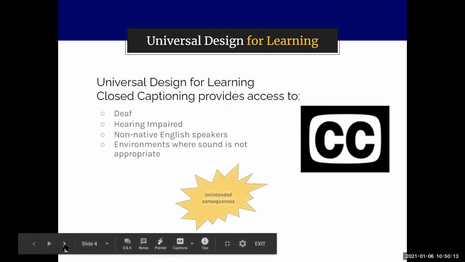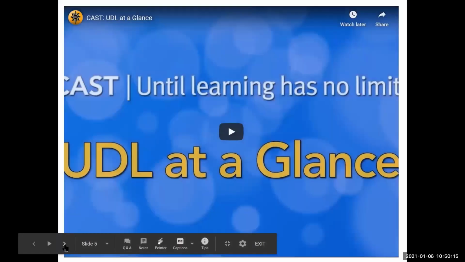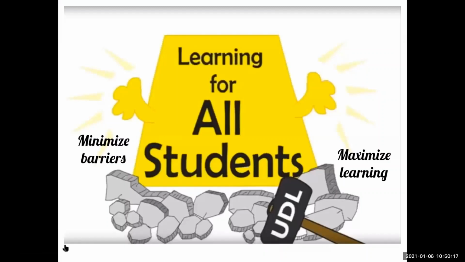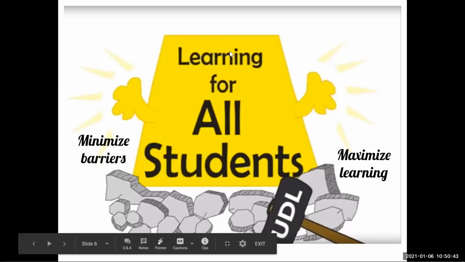The reason we mentioned universal design in the beginning is we want to give you the idea that when you're creating your classes or any type of content, you want to create it for everyone, so that learning can occur for all students. We want to minimize barriers and maximize learning. UDL is not the be-all and end-all for everything, but it's a good place to start.